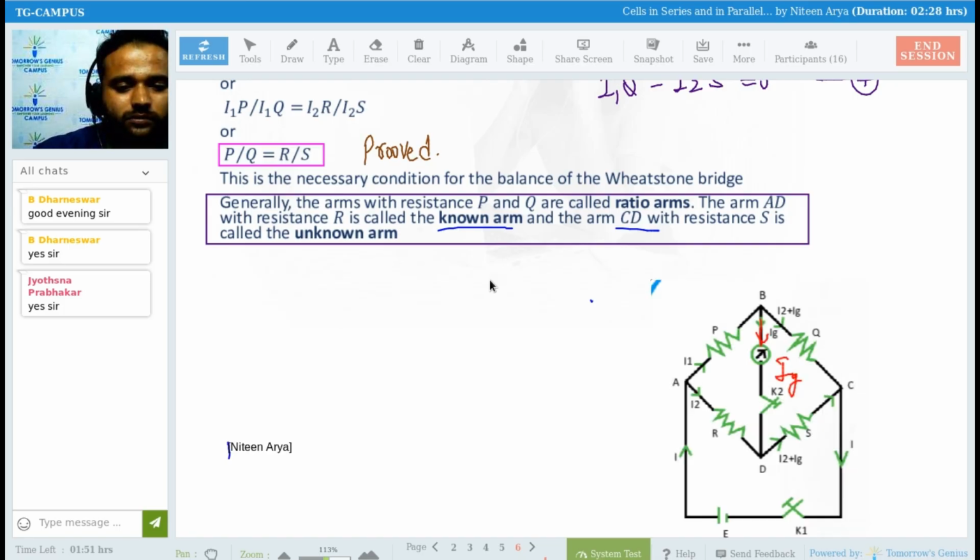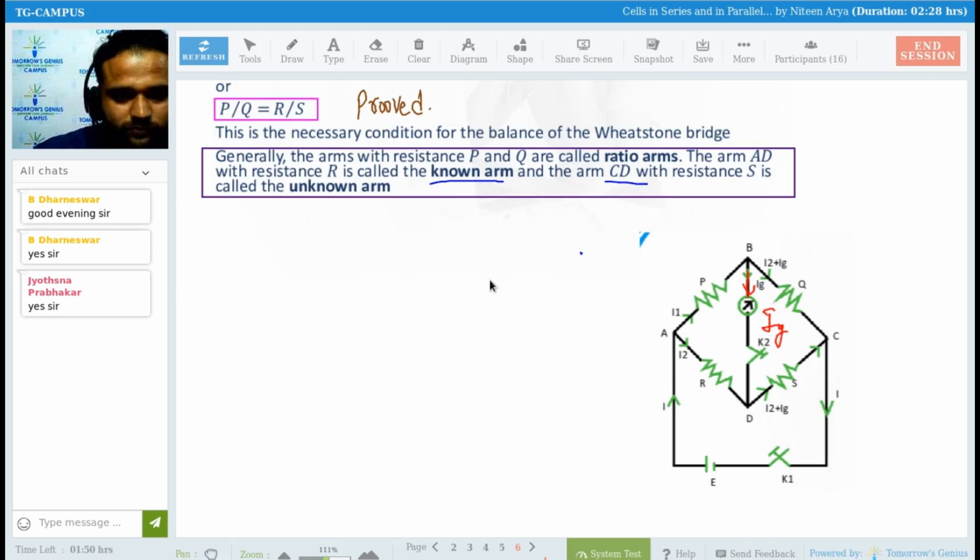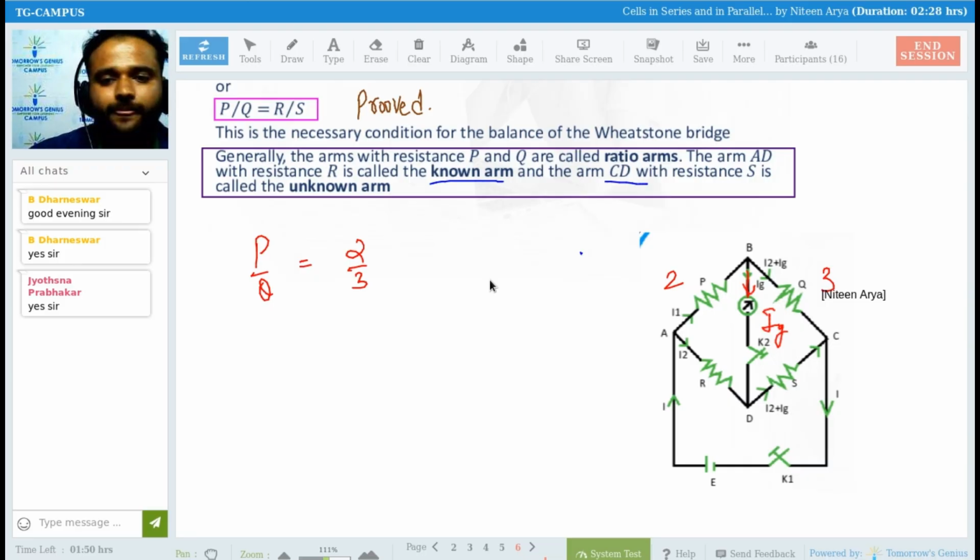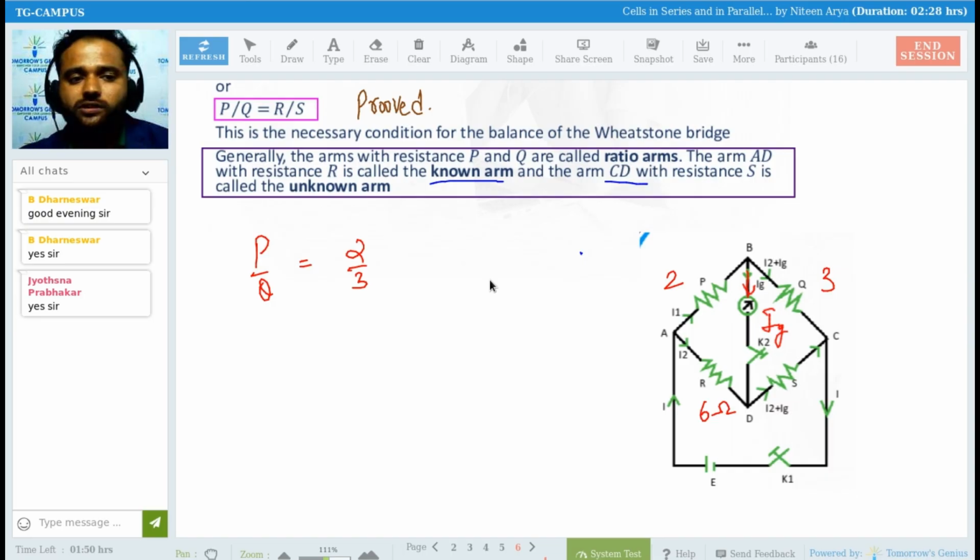Okay, so what is the meaning of this box? P and Q are generally the ratio arms, like they give the ratio of P by Q as 2 by 3. Obviously this is resistance, so suppose this is 2, this is 3. And then the AD arm is known, meaning suppose its resistance is 6 ohm. And then CD is the unknown you need to find, in most cases, not every time.